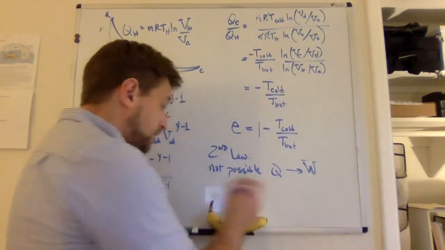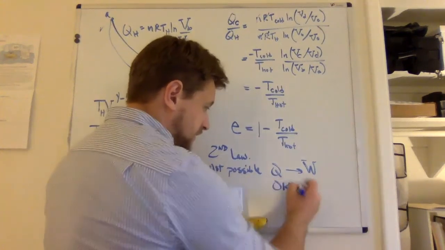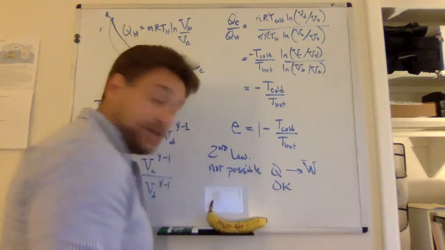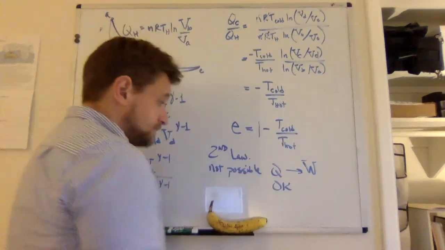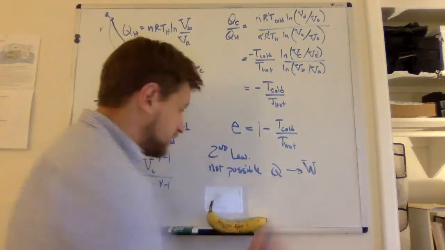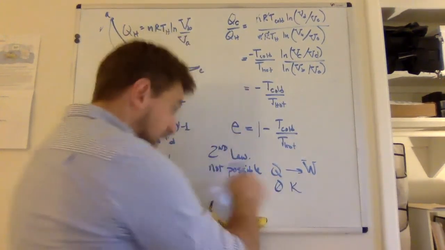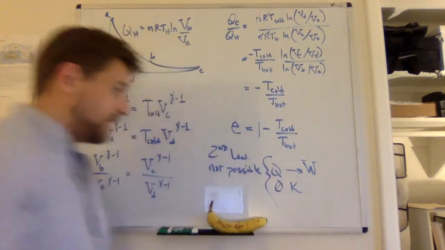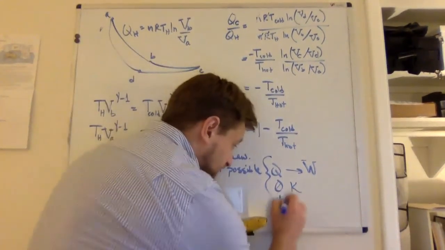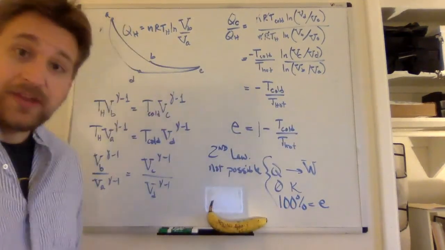It is not possible to reach absolute zero, 0 Kelvin. Can't be done. And 100% efficiency, can't be done. It's not possible.